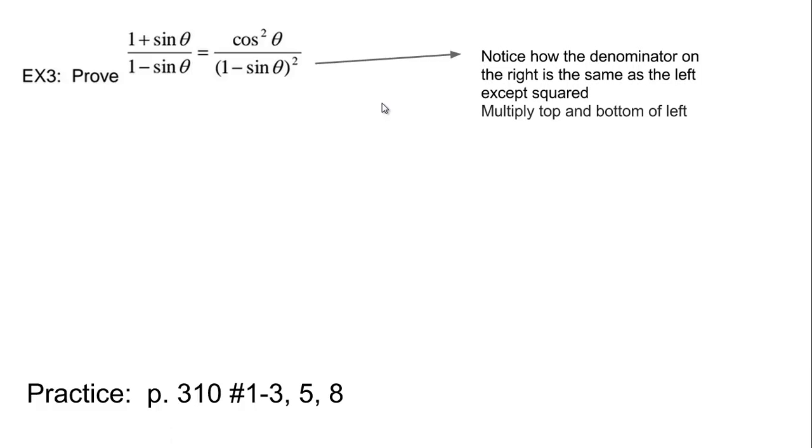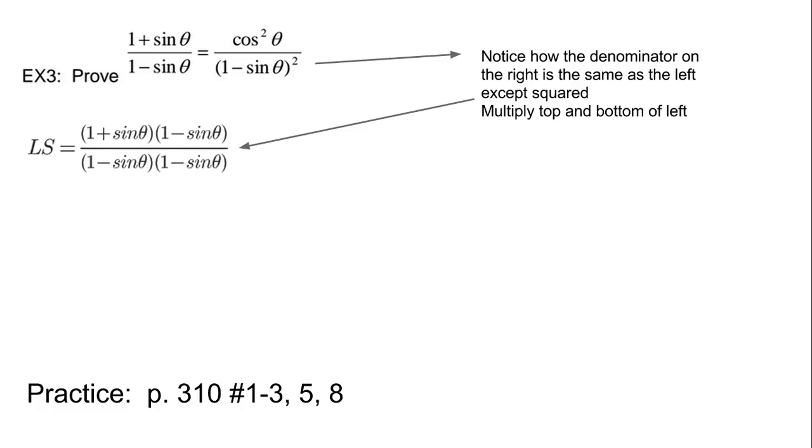So we're going to just create the common denominator by multiplying top and bottom of the left side by 1 minus sine. That way the bottom has a 1 minus sine theta as a common denominator. Now we're really just trying to make sure that if we do some quadratic manipulation, we're getting the same thing on top here. If we expand this out, we get 1 minus sine squared.